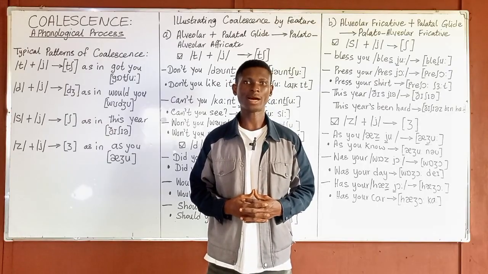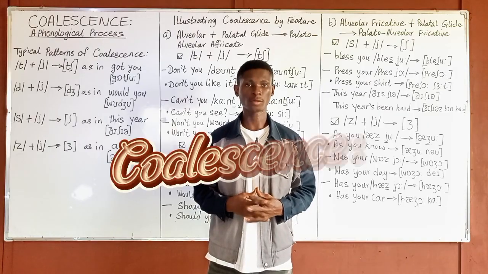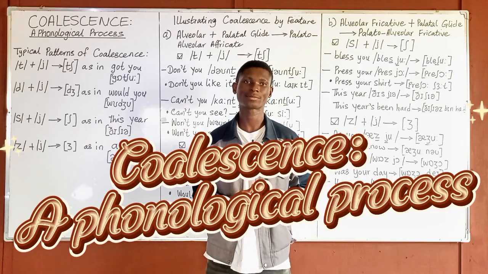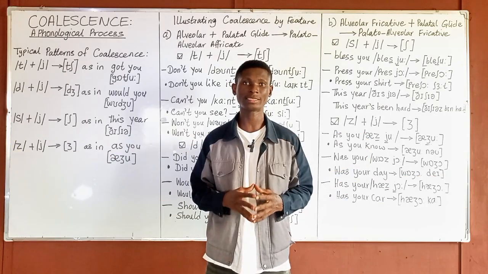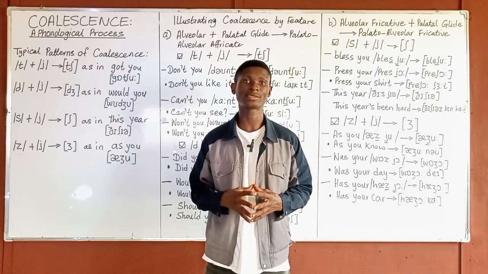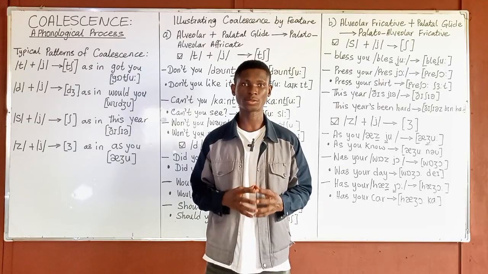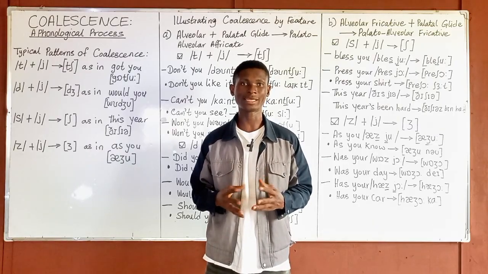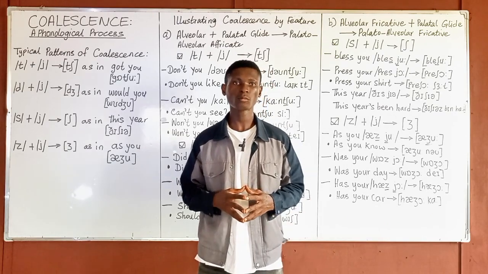We want to continue our studies on the phonological processes in English language, and particularly today on coalescence. Coalescence is yet another very important phonological process that every English student who wants to be proficient in oral English must know.